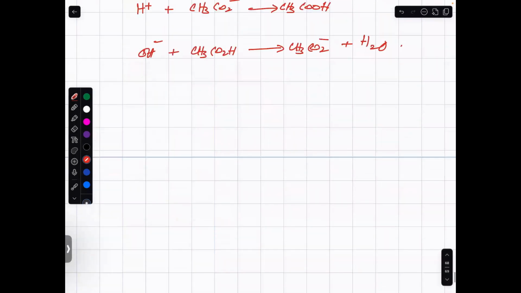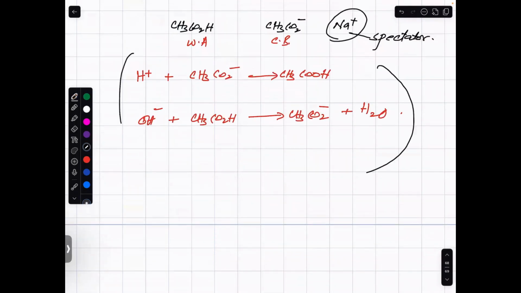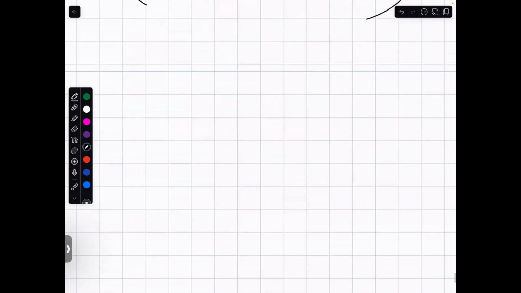Now, if they ask you, so this is your full-fledged answer. If they ask you that you have HNO2 and NaNO2, what are you supposed to do? Cancel the spectator. This is your weak acid. This is your conjugate base.